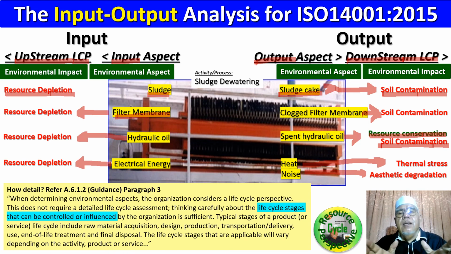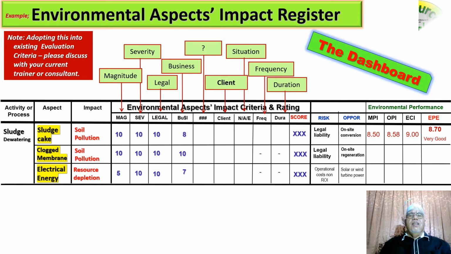This is the methodology in identifying environmental aspects. Why? Because this standard wants us to manage these environmental aspects by having an environmental procedure for this process and all other processes in our organization.